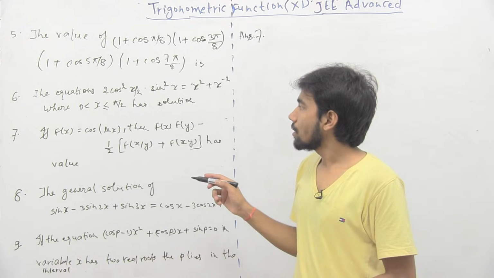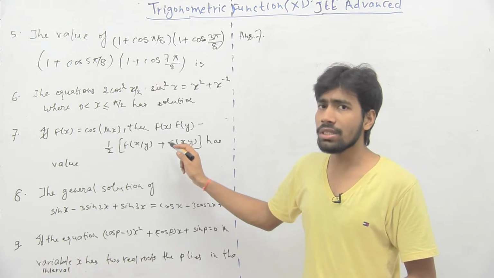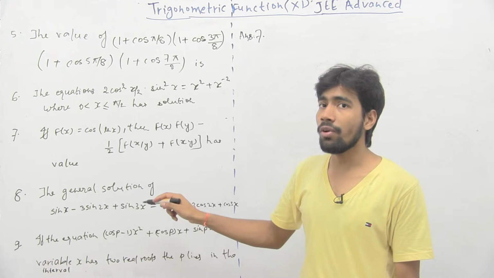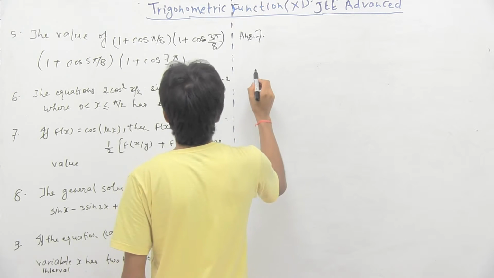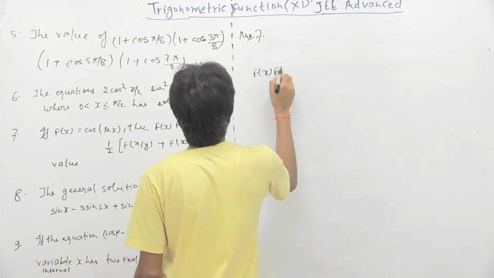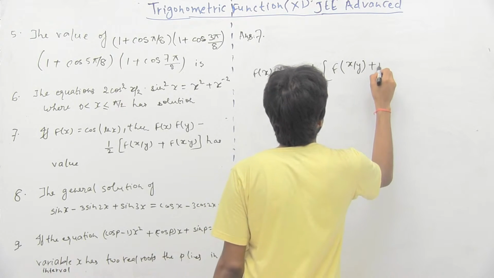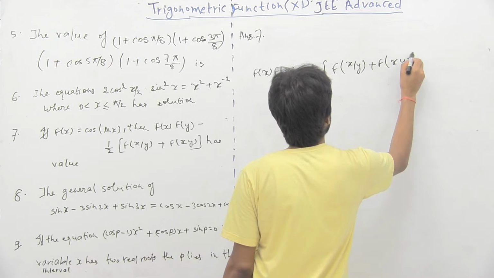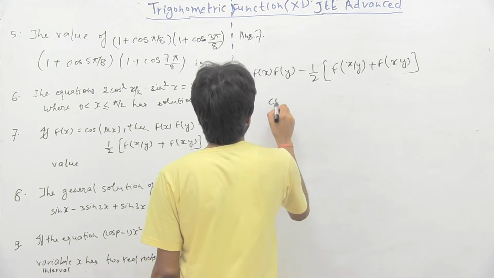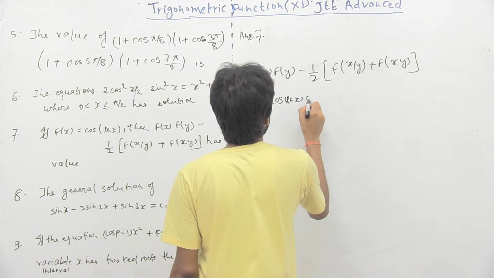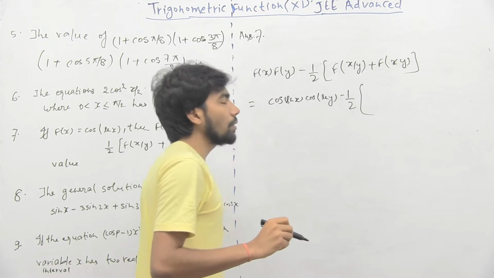Now come to question number 7. A function is given, f(x) equals cos of ln x, and we have to find the value of f(x) into f(y) minus 1 by 2 into [f(x divided by y) plus f(xy)]. So f(x) is cos of ln x. Now what will be the value of f(x by y)?